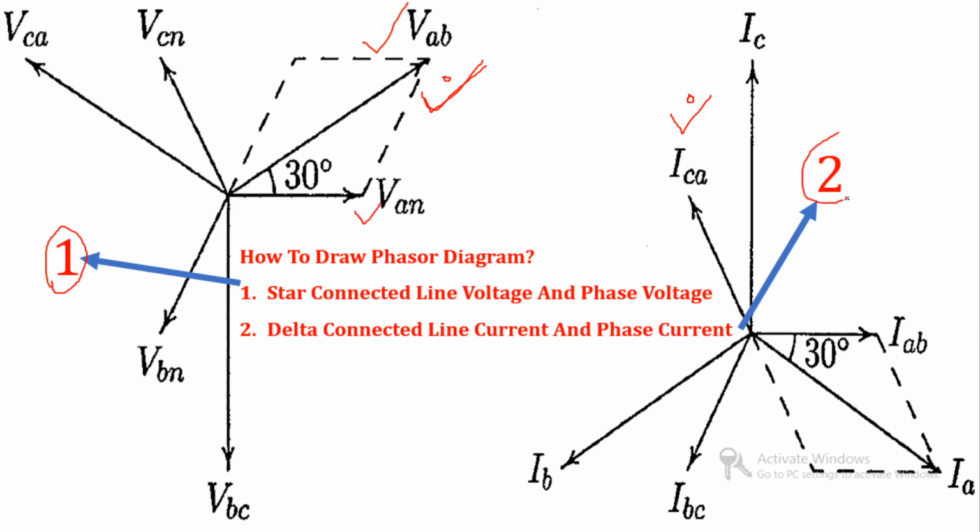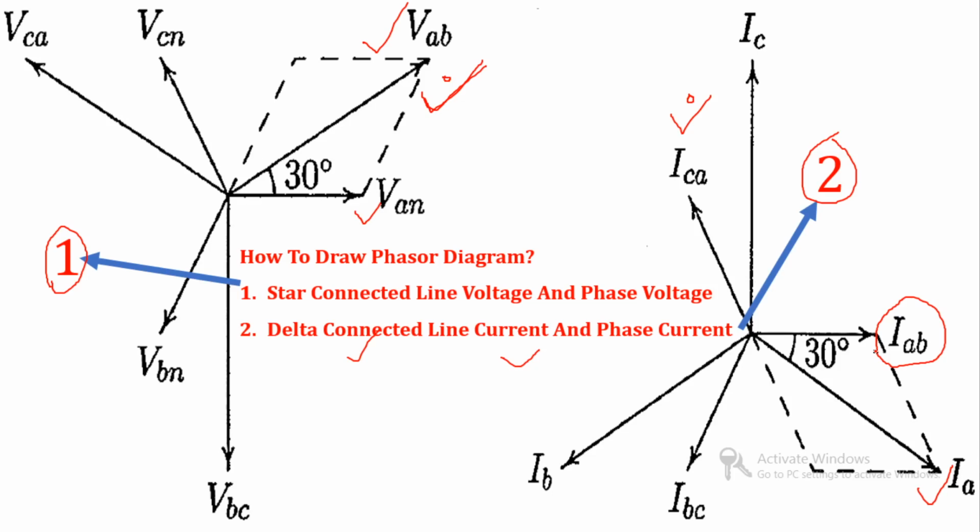Now this second one is for delta connected line current and phase current. So today we will learn the step by step process of how to draw these two types of phasor diagrams.